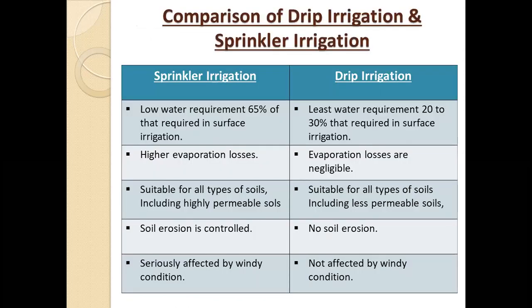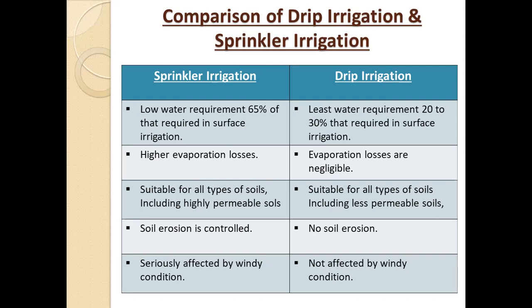Now, going next, comparison between drip irrigation and sprinkler irrigation, right? In sprinkler irrigation, the water requirement is low, which is 65% of that required in surface irrigation, while in drip irrigation, 20 to 30% of the water requirement of surface irrigation is required. In sprinkler, higher evaporation losses.